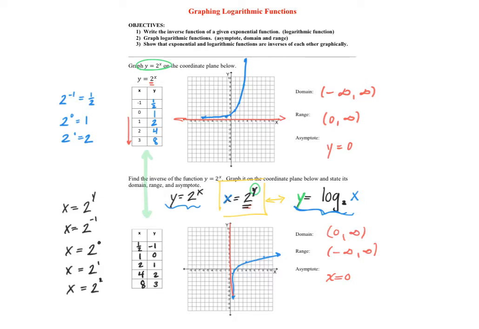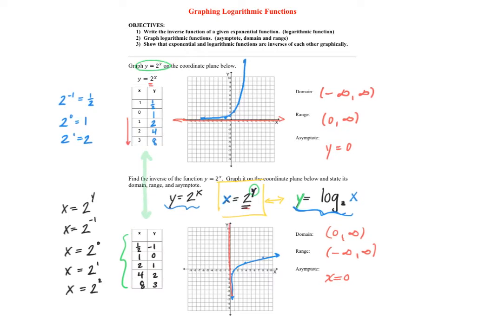One more thing. This is objective 3. Show that the exponential and logarithmic functions are inverses of each other graphically. Well, if I take this logarithmic graph and put it up on this initial coordinate plane that I have, I'm going to switch the color to green, but still plotting these points. That would be positive 1/2, -1.